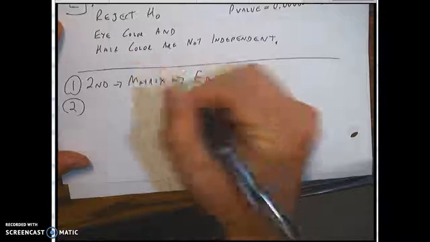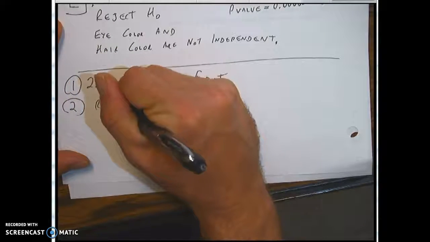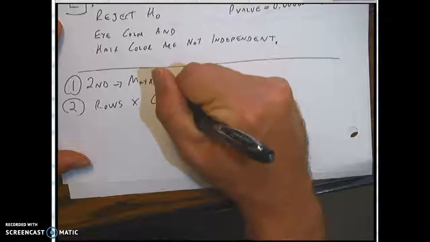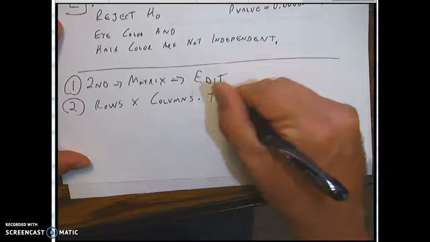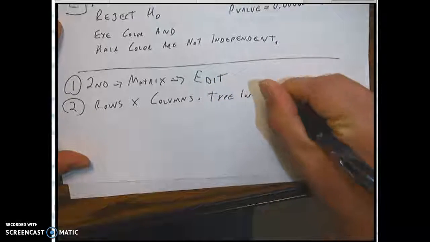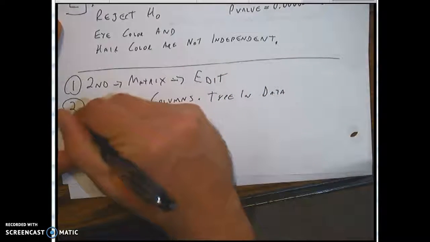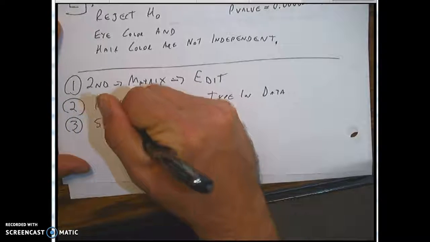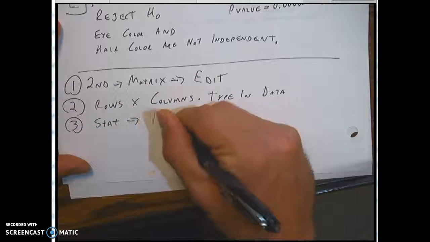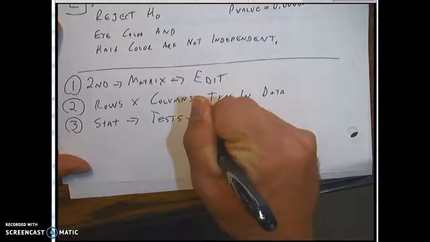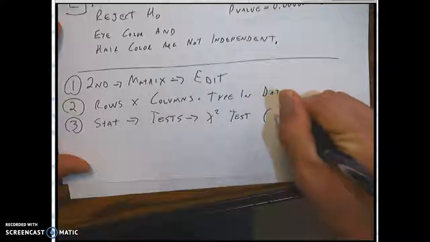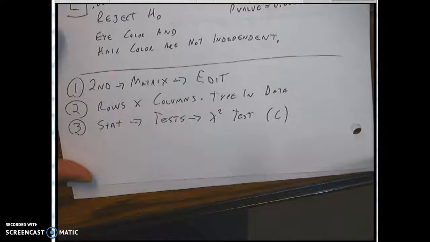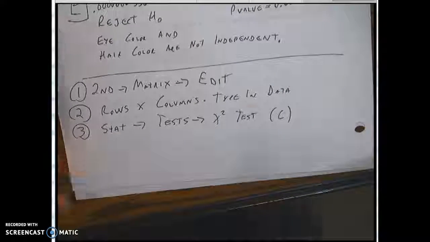Step 2 is to type in the data, so you've got your rows by columns, and you want to type in the data. And then step 3 is stat tests, chi-square test, which on the TI-84 is the letter C. And that'll get you there on the calculator to do the rest of these.